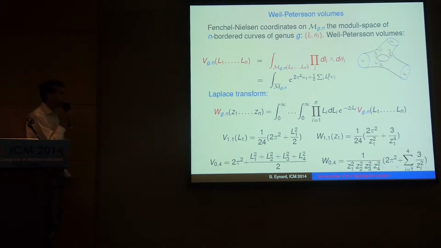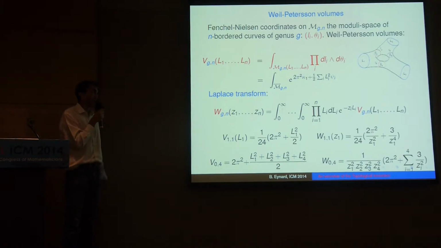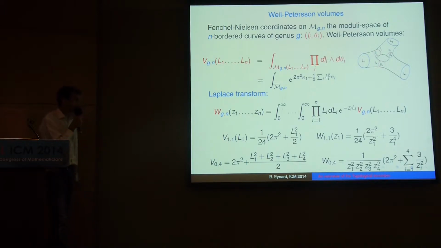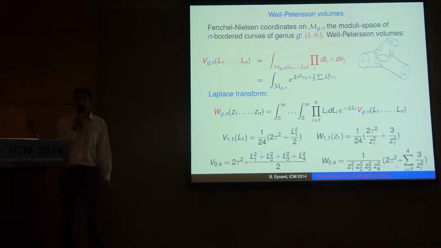Observe one thing: in each case, the volume is polynomial in the l_i squares, and thus the Laplace transform is a polynomial in the 1 over z_i squares. This is not an obvious fact. You cannot see it directly on this expression, it's the result of the computation, and for instance it can be proved by the Mirzakhani recursion.